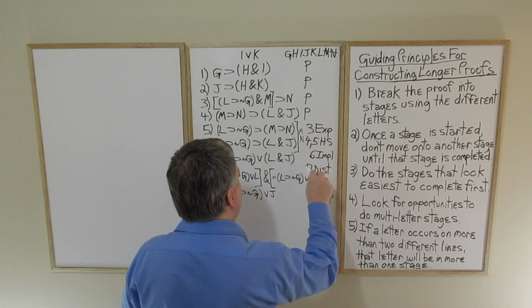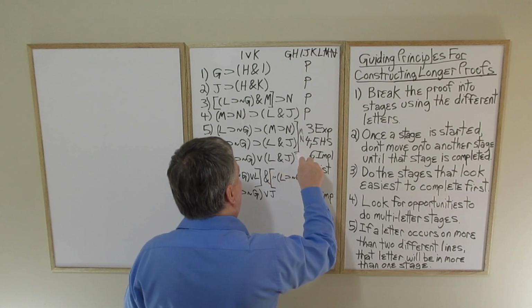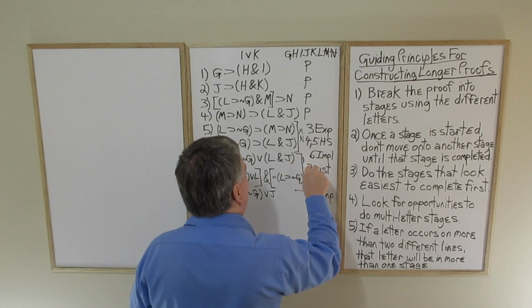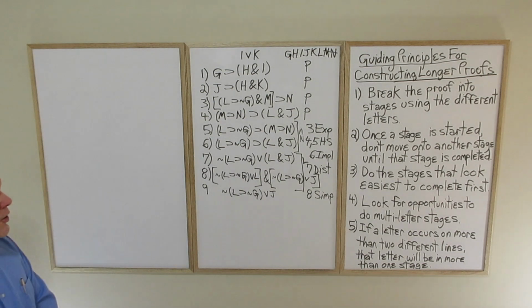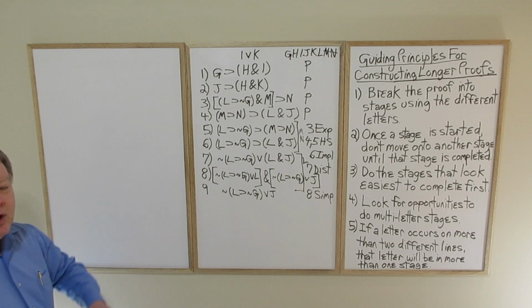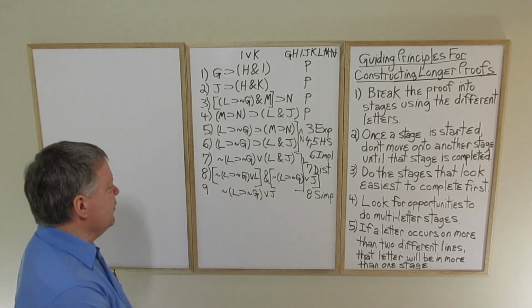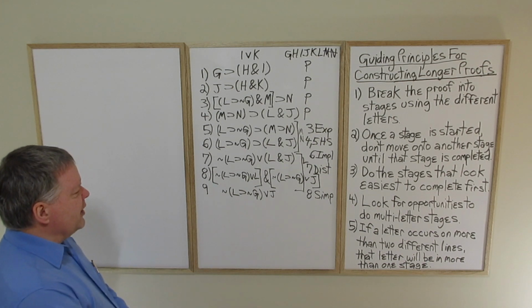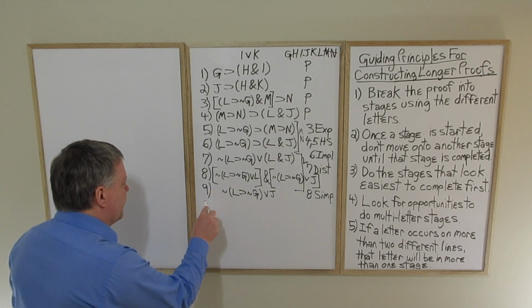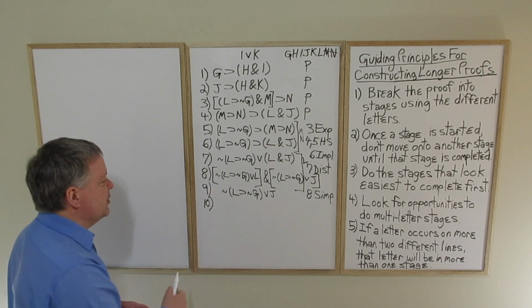So in terms of the number of lines, we did one of the two L stages we need to do in only 2 lines, even though things were perhaps a little bit complicated. Or sorry, 3 lines.